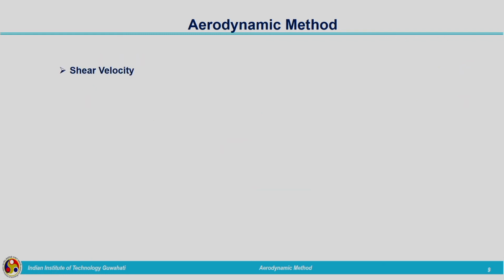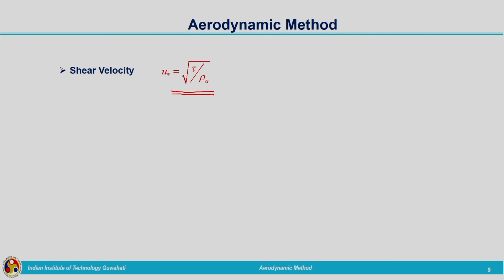Here we have the term shear velocity u star. How can we get the expression corresponding to shear velocity? It is given by the square root of tau divided by rho a. What is tau? Tau is nothing but our momentum flux. So, u star is given by the square root of tau divided by rho a.